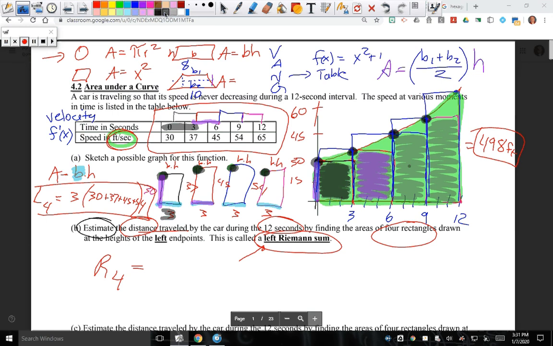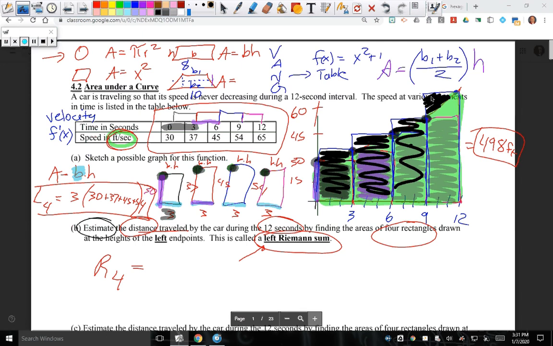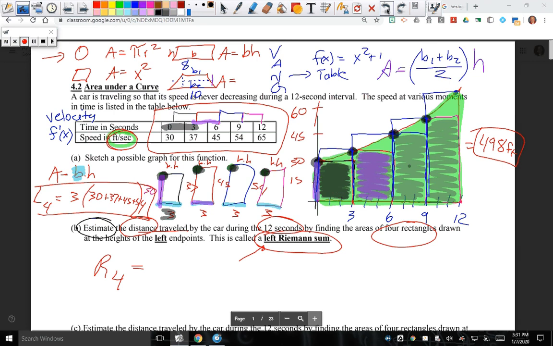Because a right Riemann sum on an increasing function is going to basically go over the function. And you see that this over approximation is like these little pieces of excess. Are we good?